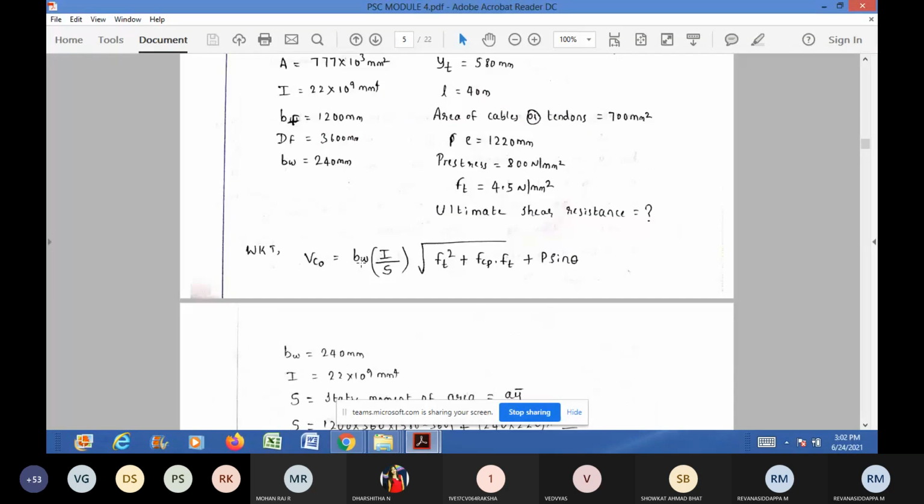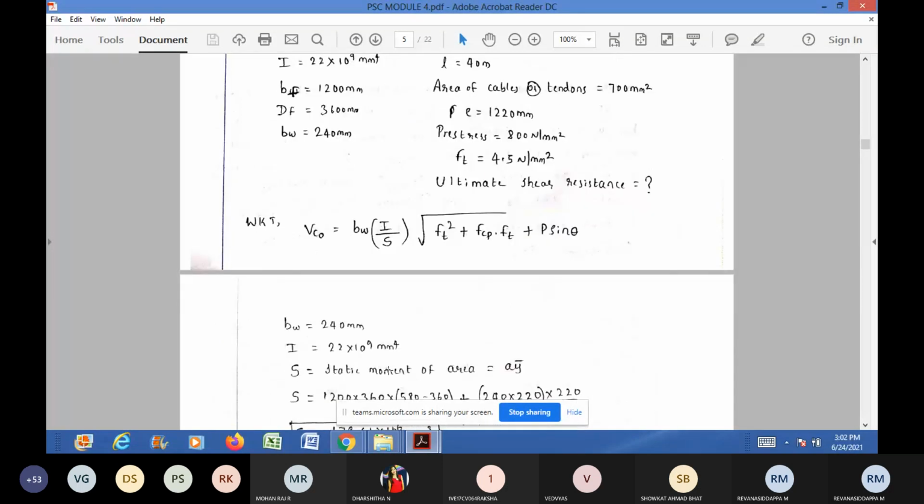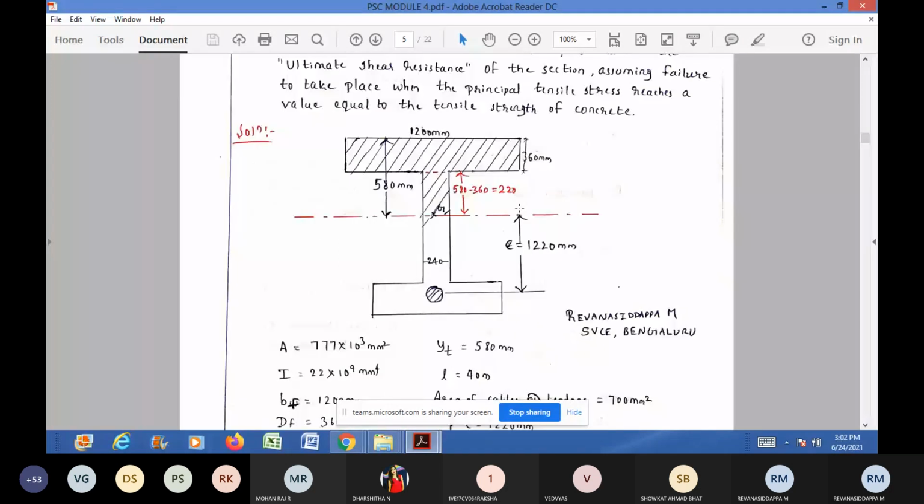BW I over next S is the static moment of area, that is A Y bar, or first moment of area. Now above the neutral axis, I think all of you have written the diagram. Moment of area above the neutral axis, and that too about the neutral axis.